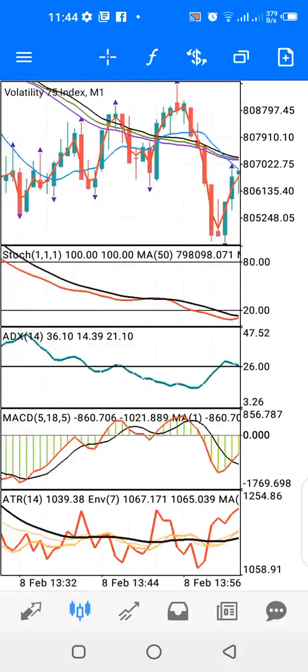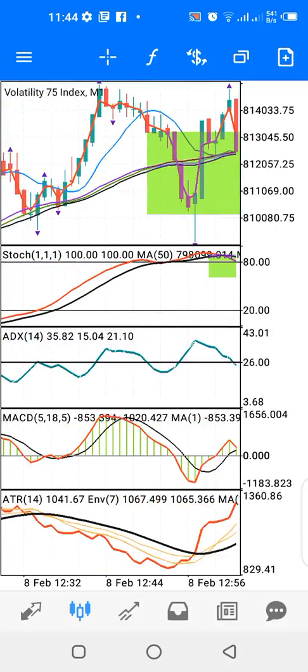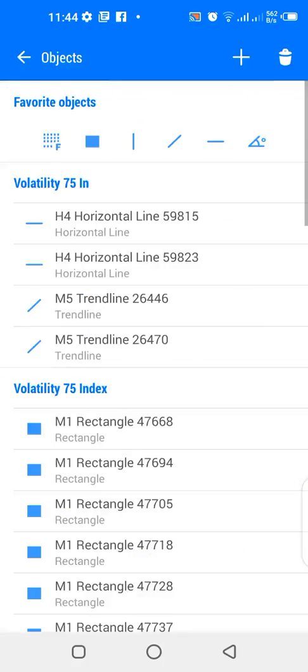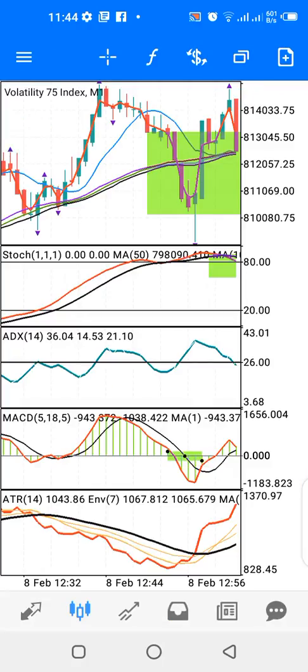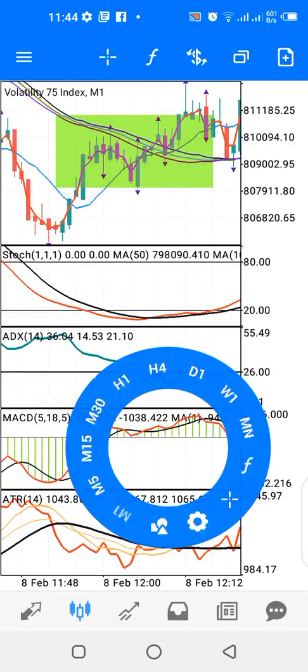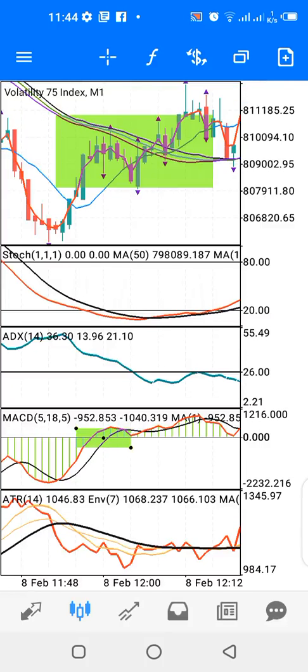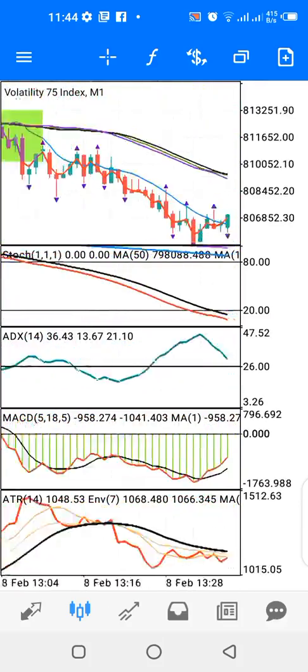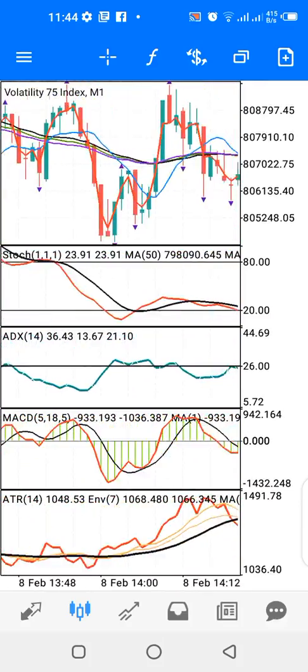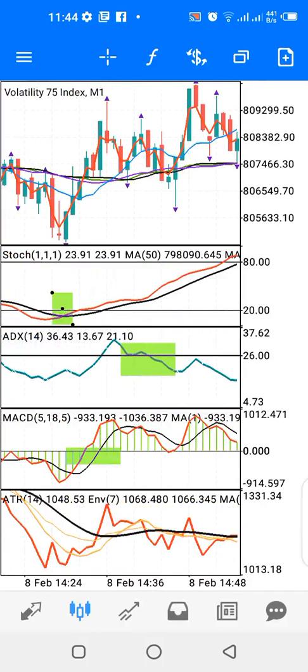Alright, so that's basically how it works. Cross below, confirmation to sell. Then cross above, confirmation to buy. Like you have a confirmation to buy around here. So basically that's the way you use indicator window 3.